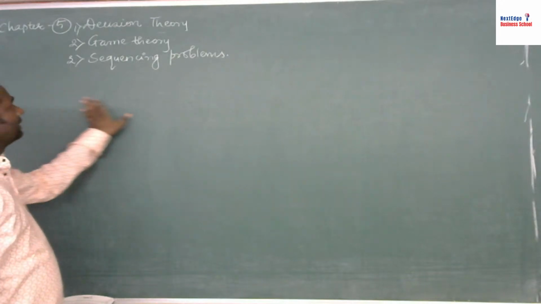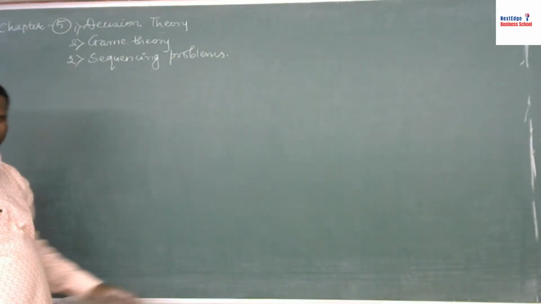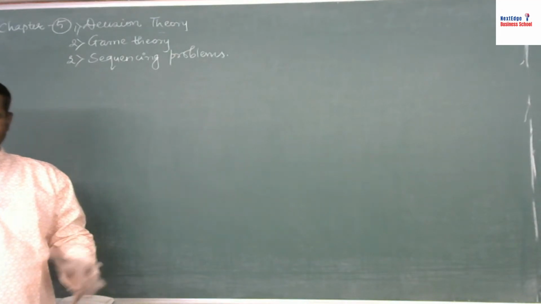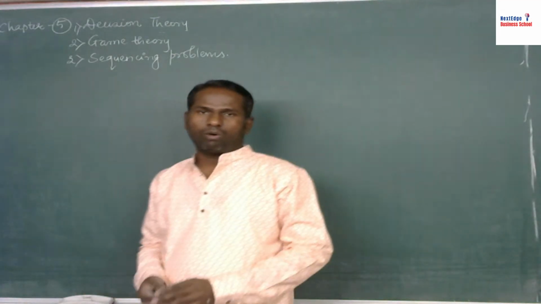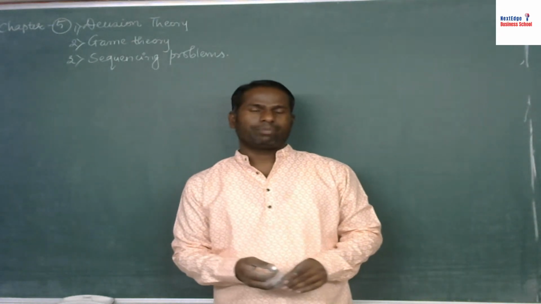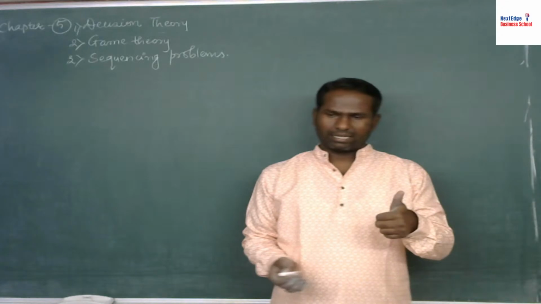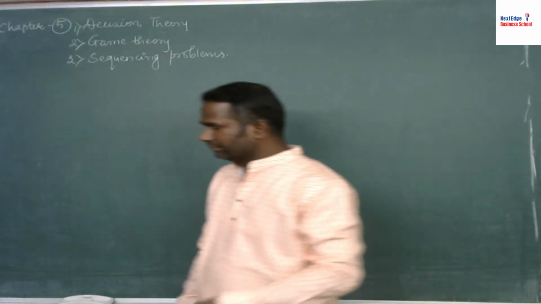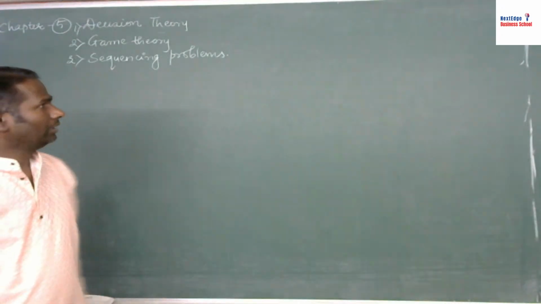So what exactly decision theory is? When any company is given a certain task to take certain decisions under different conditions, how will the company decide what task or what decisions we have to take? That depends upon certain criteria. The criteria number one is decisions under uncertainty, and another is decision under risk.